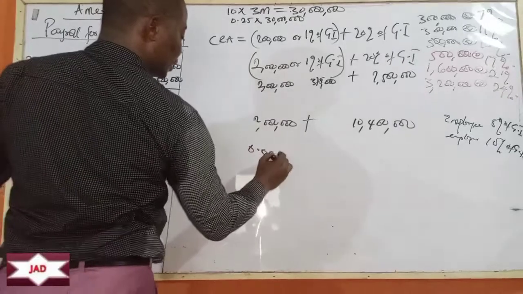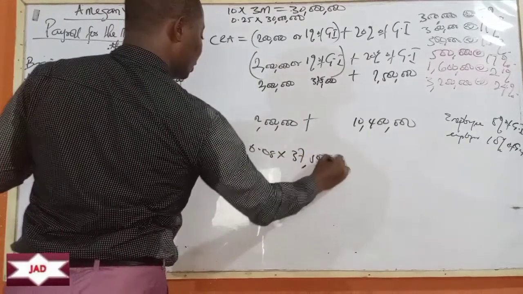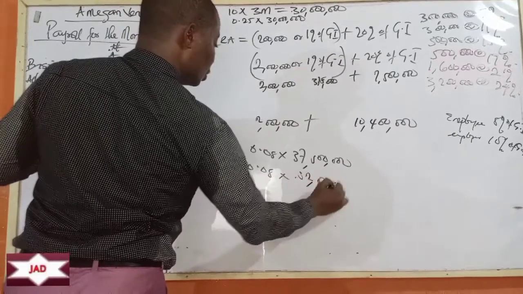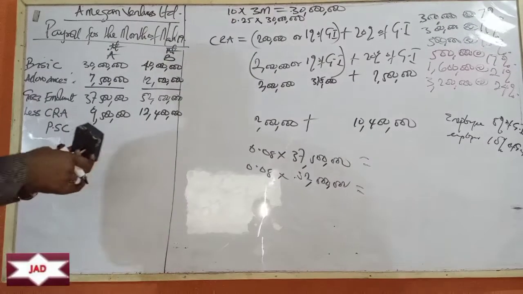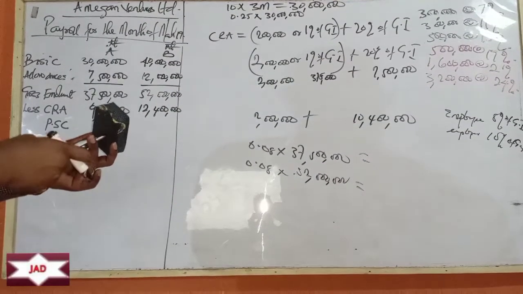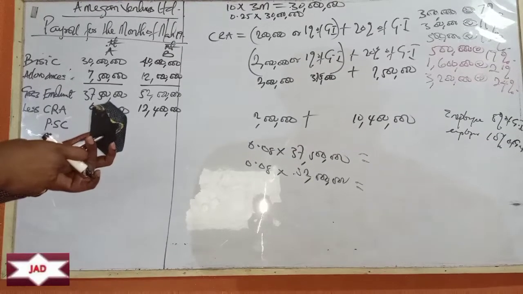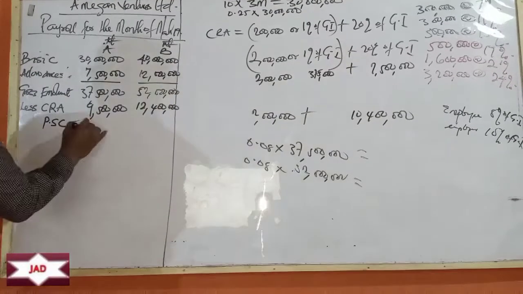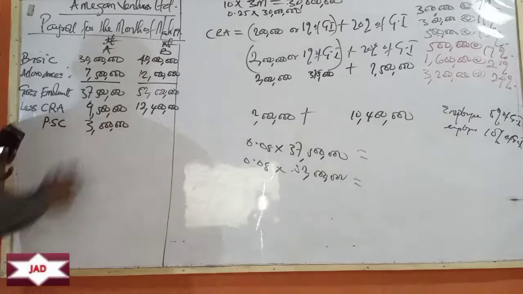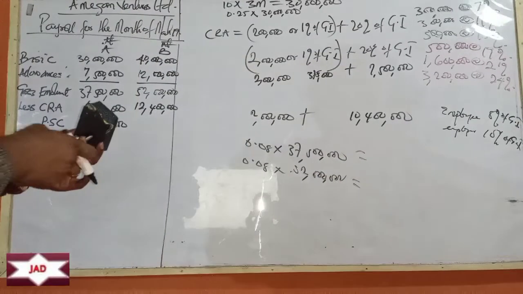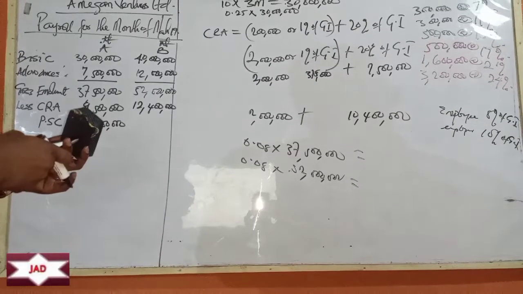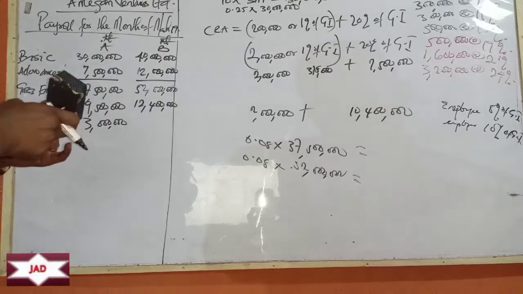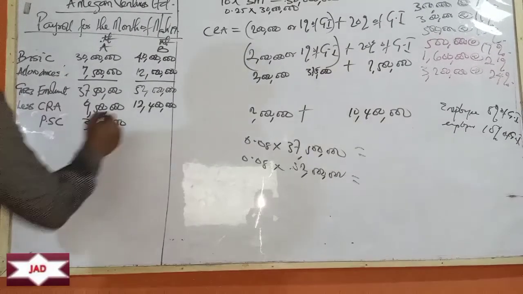So 0.08 times 37,500,000 is 3 million. What about this? 0.08 times 52 million is 4,160,000.